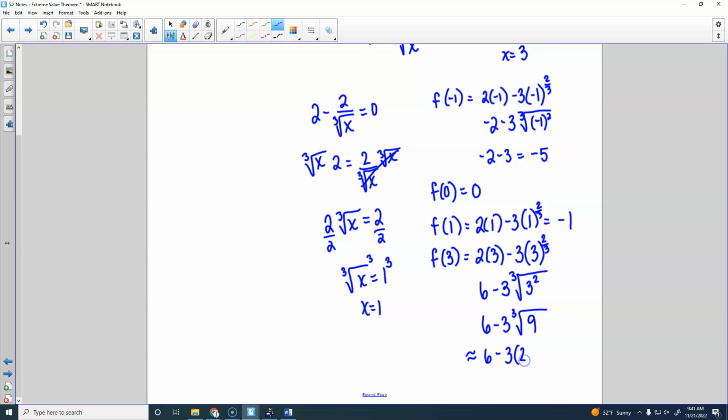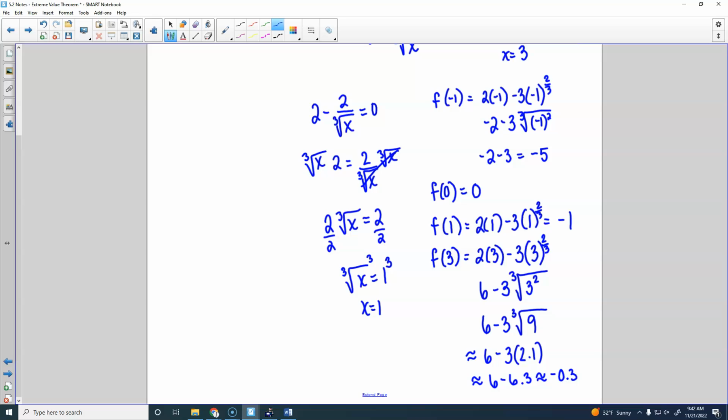So we could call this like 2.1. If you write this down, make sure you got squiggly equal signs because this is not equal. Which means you would have about 6 minus 6.3, which would give you about -0.3.